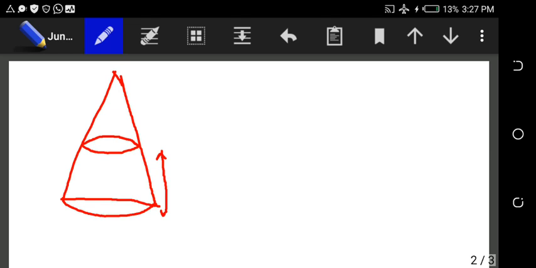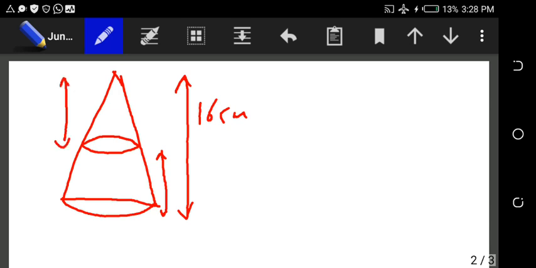Given that the height of the cone is 16 cm, and the height of the smaller cone, let me draw that by this side, is 8 cm.